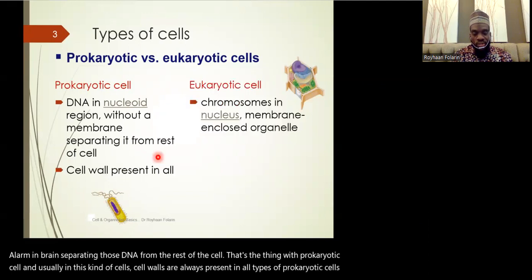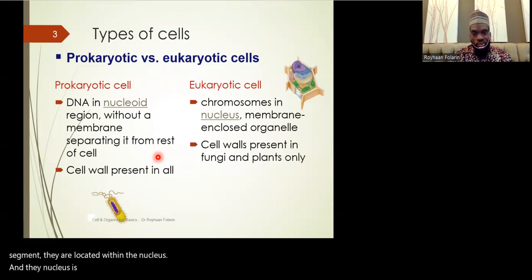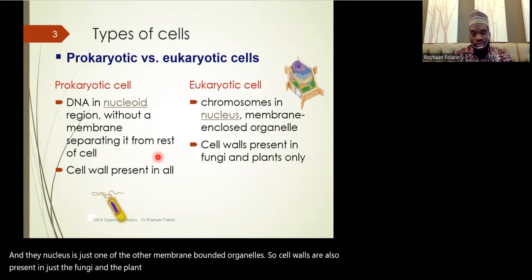However, in eukaryotic cells, the chromosomes, which contain this DNA segment, are located within the nucleus. And the nucleus is just one of the other membrane-bounded organelles. Cell walls are also present in just the fungi and the plant types of eukaryotic cells.